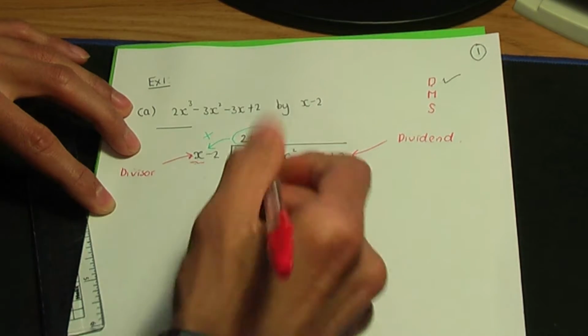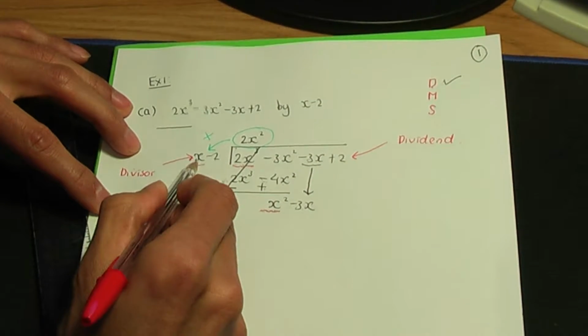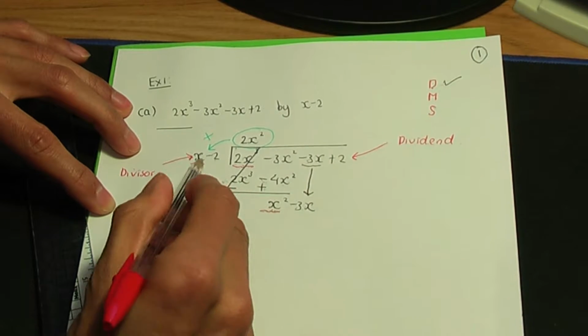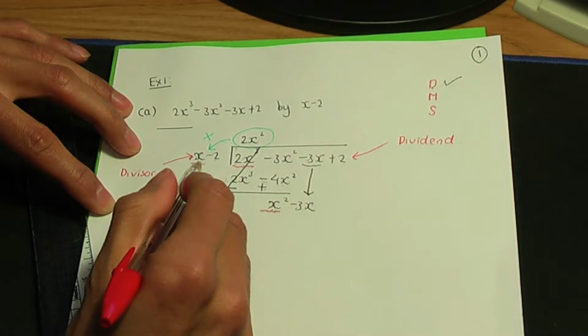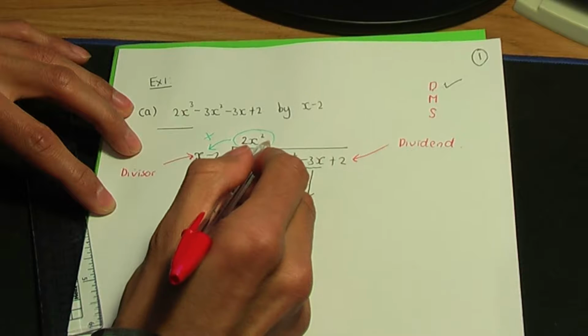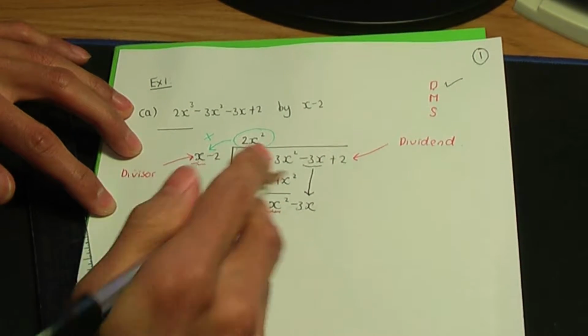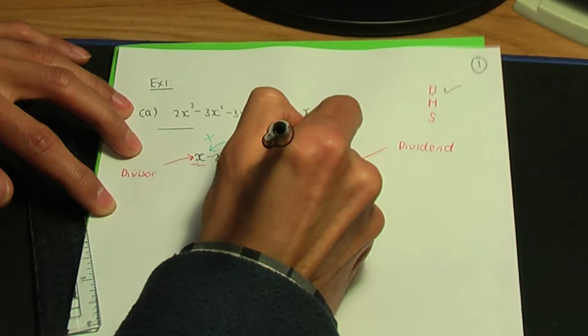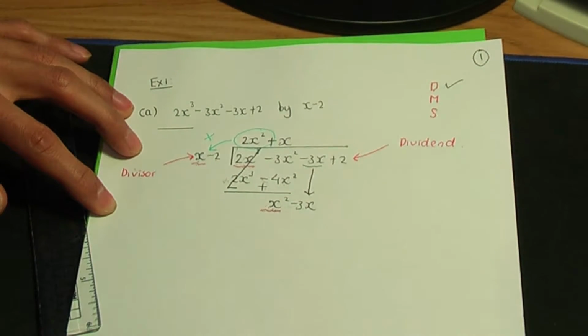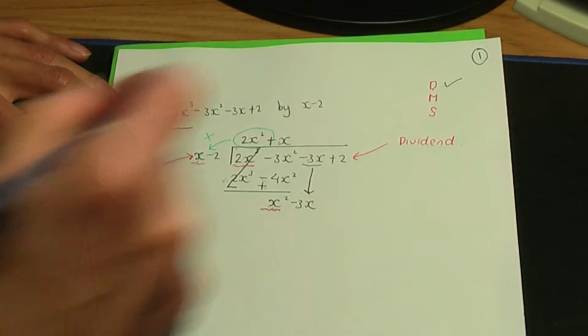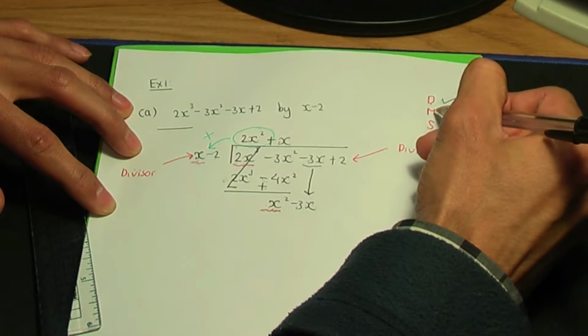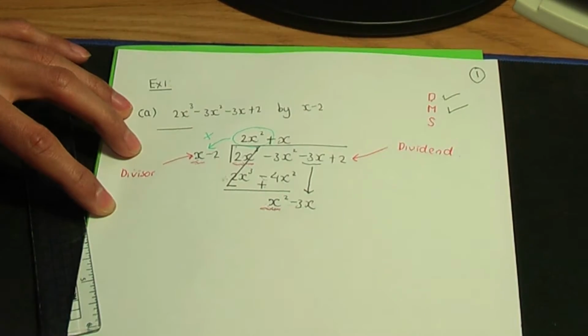We need to divide x squared by x, and remember, whenever you divide, write down the outcome of division on the top of the bus stop. x squared divided by x is plus x. So write down the plus x here. Then remember, after division, it's M, multiply.